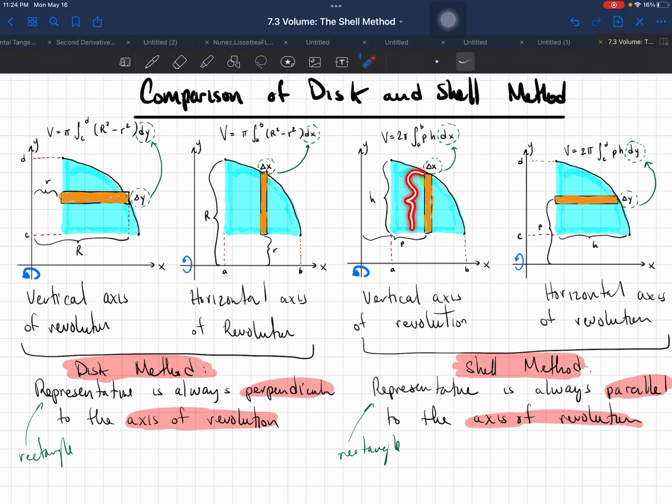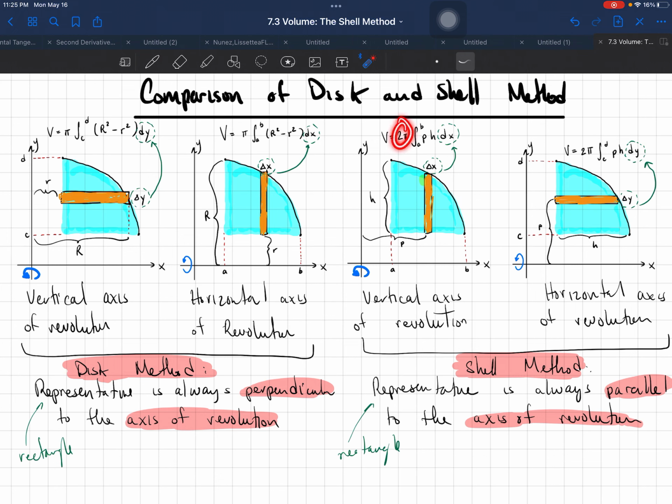The height of this rectangle will be our h. And then our p will be the distance from this respective rectangle to the axis of rotation, which in this case would just be p.